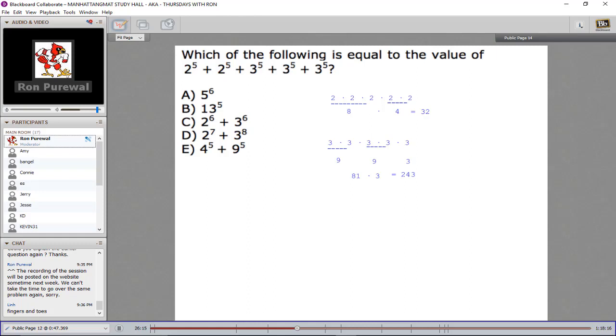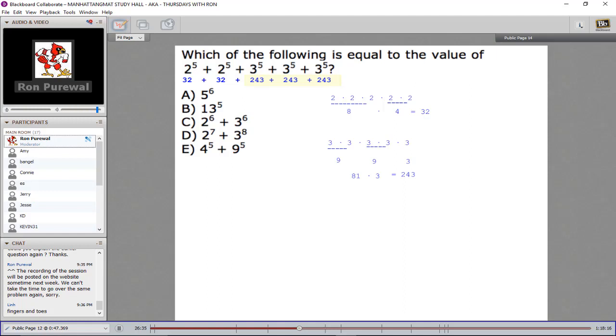So this is 32 plus 32 plus 32 plus 243 plus 243. Well, how big is that? This is 3 times 243.